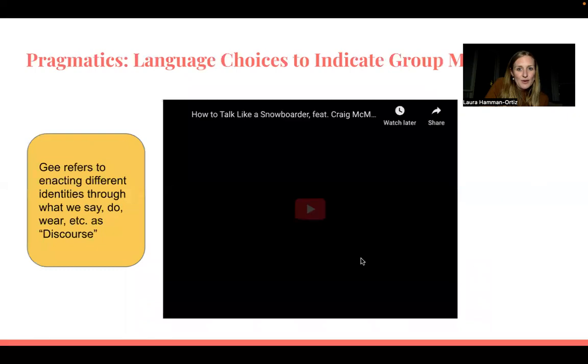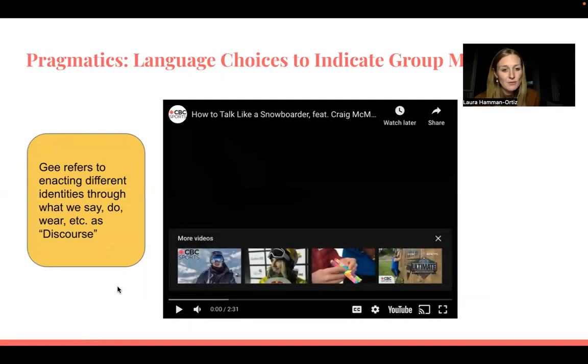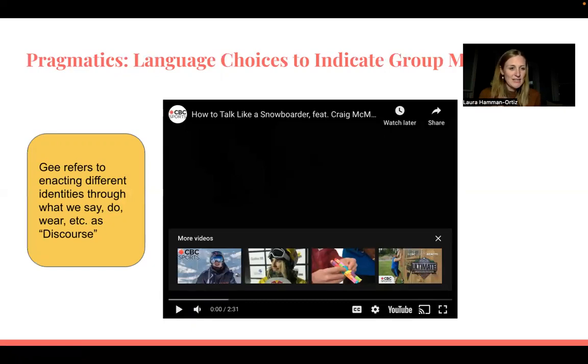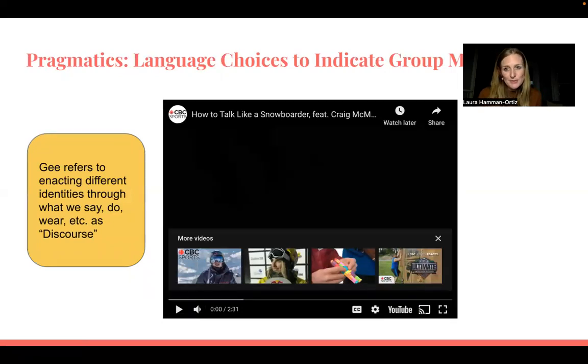Pragmatics can also, as we mentioned, be used to indicate group membership. So in the reading, Wainwright talks about Jim Gee's notion of discourse, this big D Discourse, which he says is how we enact different identities through what we say, through what we do, through what we wear, how we perform different identities and different group memberships.